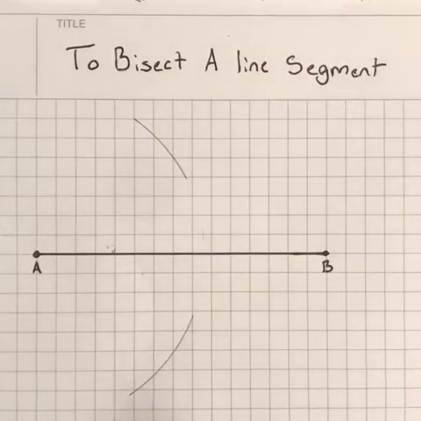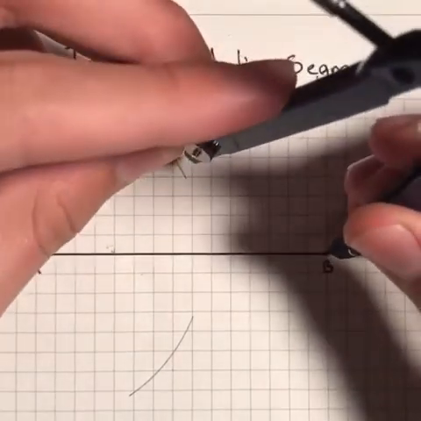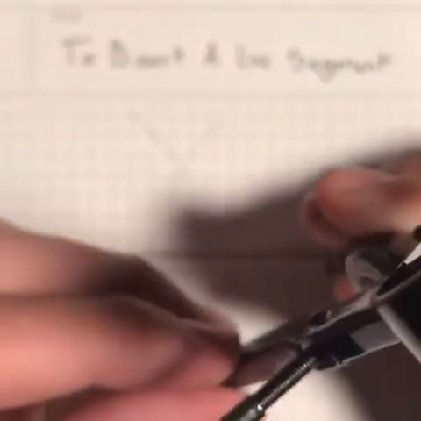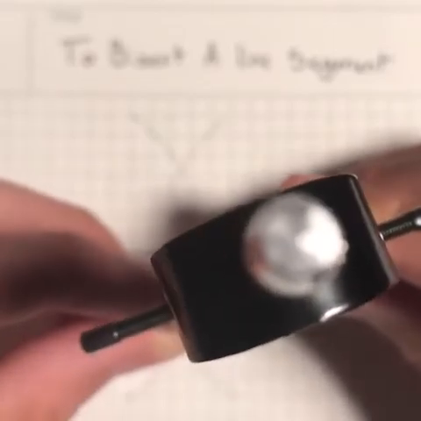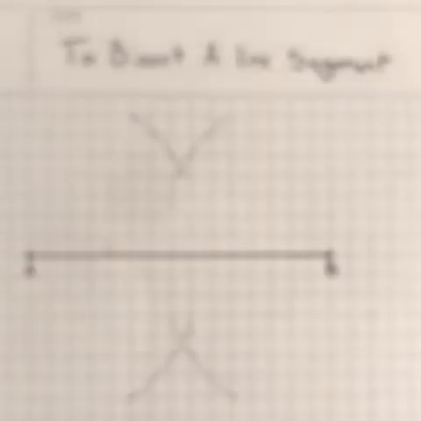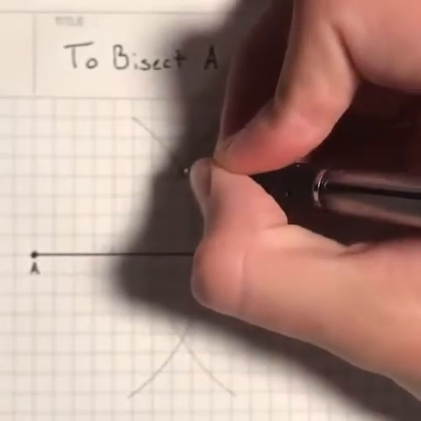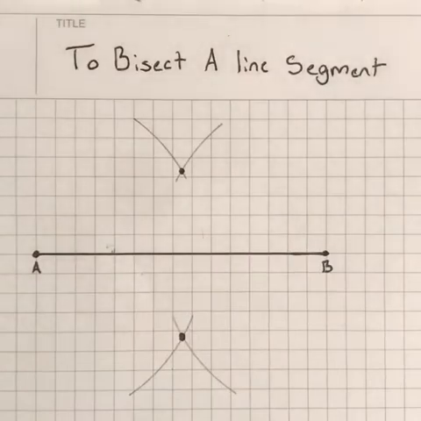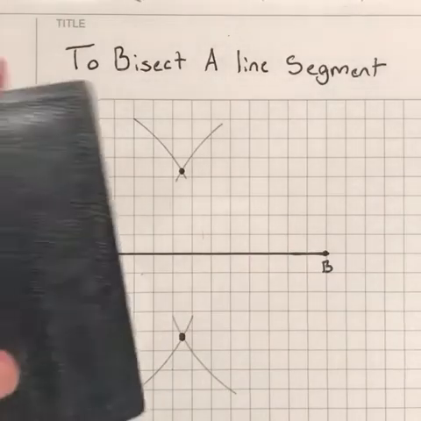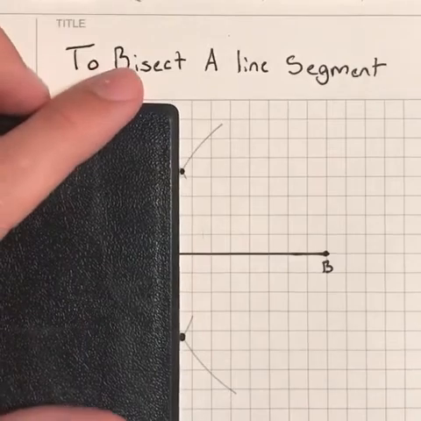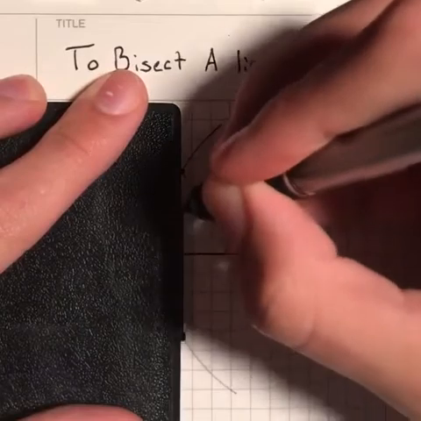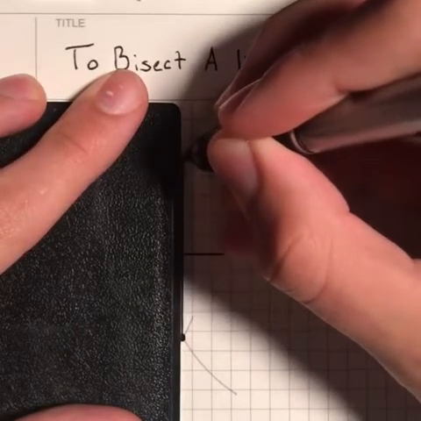Repeat this step on the opposite endpoint, using the same measurements. Mark the point of intersection. Then, using a straight edge, connect these 2 points with a line.